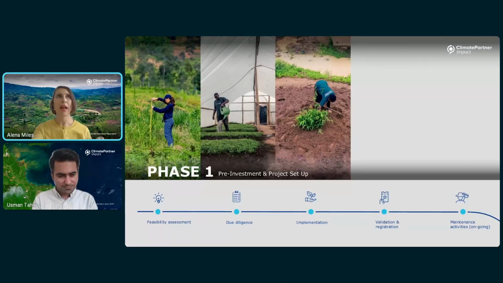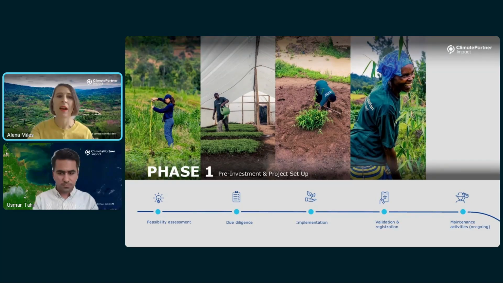At the same time as we're doing the due diligence, our project developers are preparing a PDD, a project design document, which will be used to register the project with an internationally recognized standard, such as Verra or Gold Standard. We also start the implementation at that point, which means actually planting the bamboo, engaging employees.